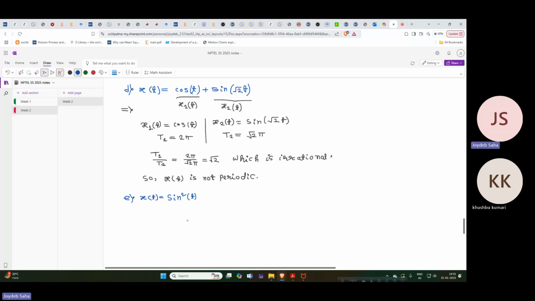Please try to solve. Take 2-3 minutes, even more, because it is an important and interesting question.